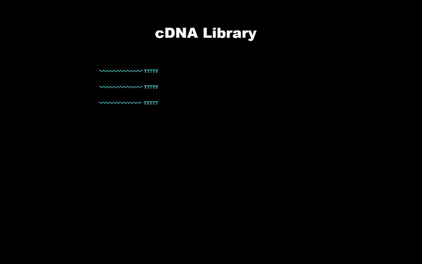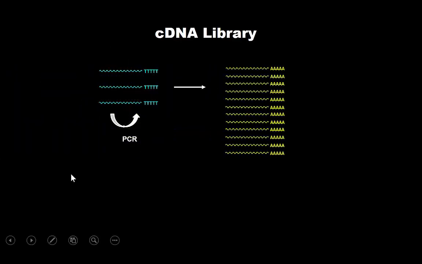If you collect this whole collection of complementary DNA from one set of mRNA, we call this collection a cDNA library. By PCR amplification, we can make a higher amount of this library, and if we put it again into in vitro transcription, utilizing this DNA as a template to make mRNA, then we have a chance to make many copies of mRNA.